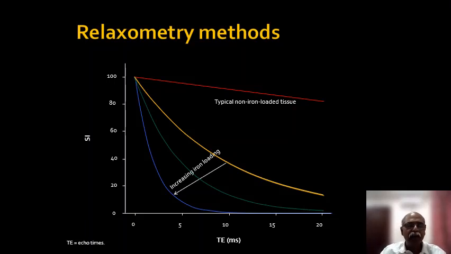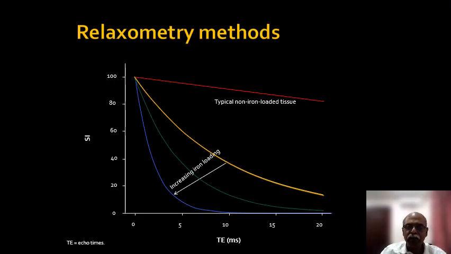This is the graph. As the iron overload increases, the decay occurs very fast, and the TE times become so low. That means from 1 to 7.4, after 1, at 1.42 immediately, the liver parenchyma signal saturates because the decay occurs very fast.